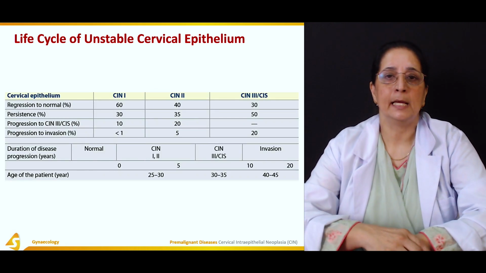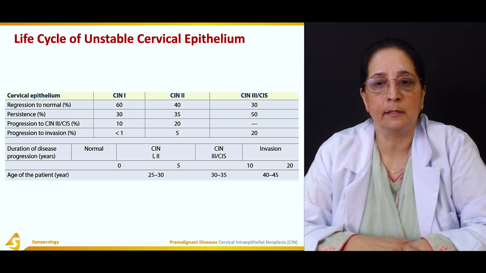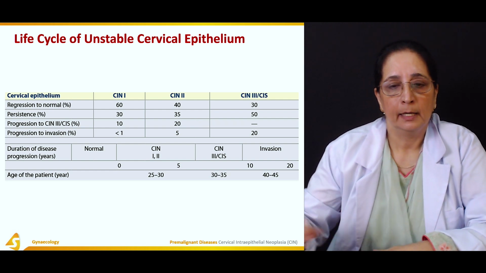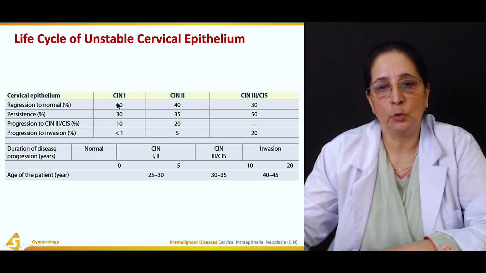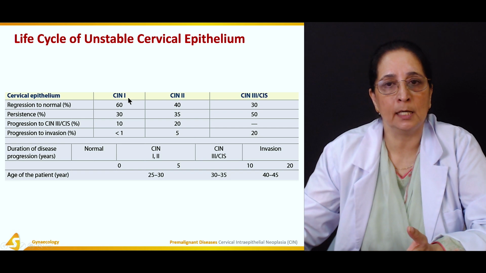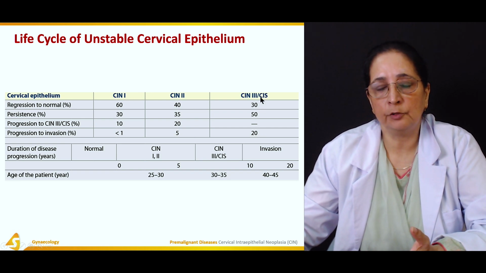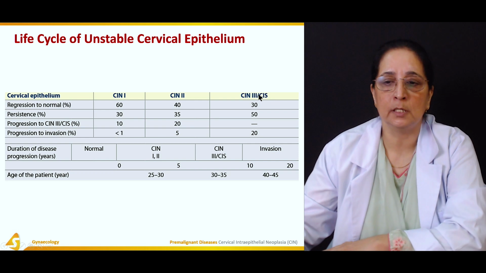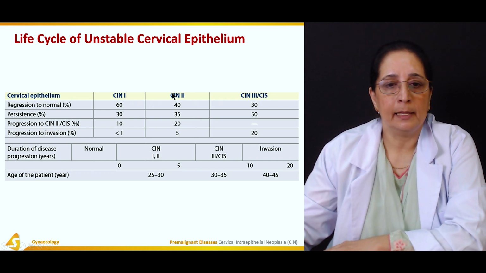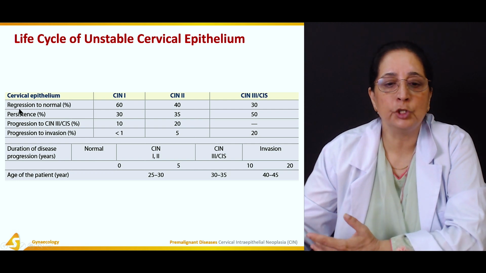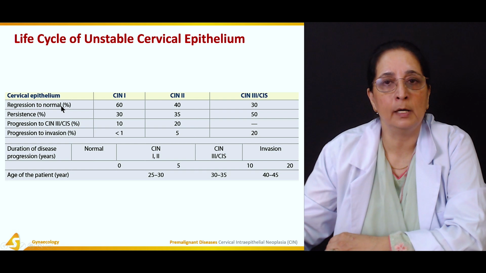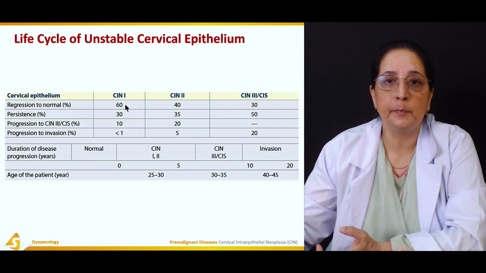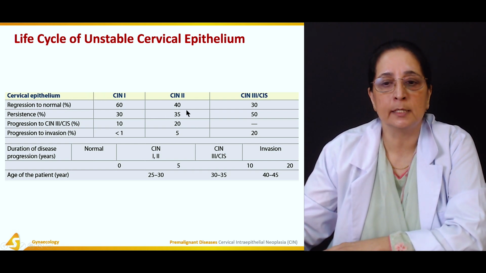Then what's the life cycle of unstable cervical epithelium? Here we divide it into three stages: cervical intraepithelial neoplasia type 1, 2, and 3, or carcinoma in situ. Regression to normal is 60% in type 1, 40% in type 2, and 30% in type 3.